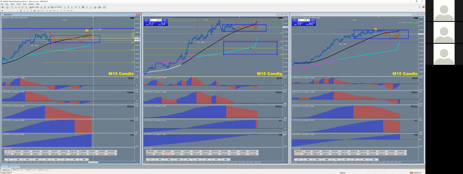Plus my stop would have been a 10 pip stop. I set it to 9, I think.